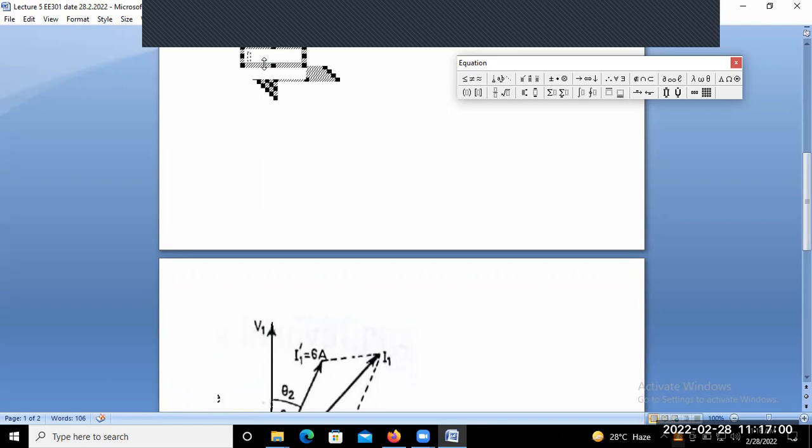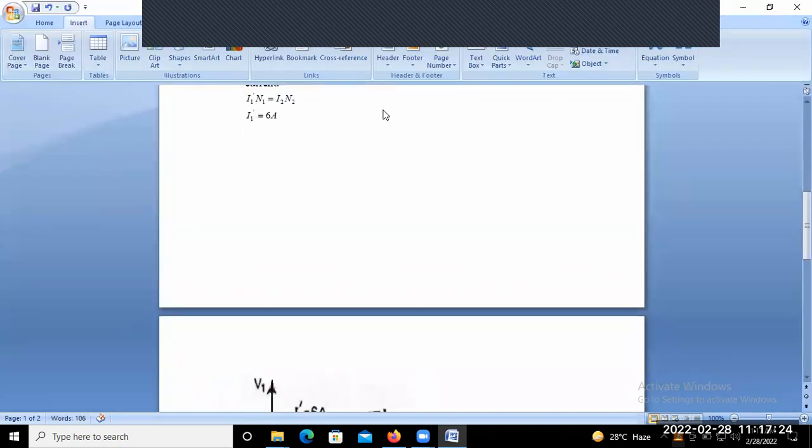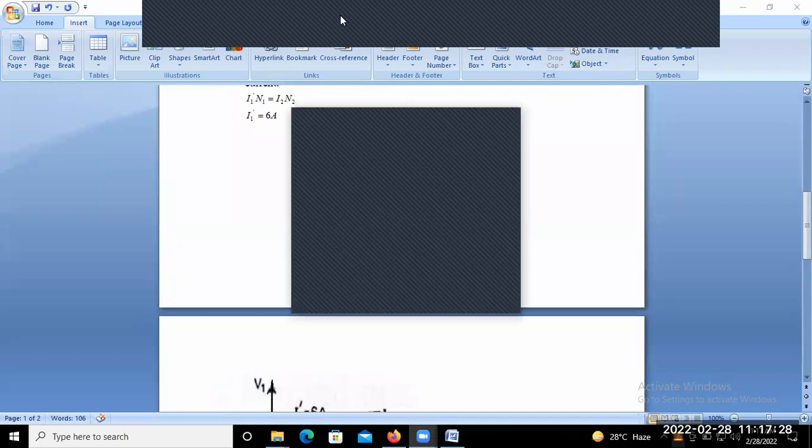I1 dash is equal to 6 ampere. Can anyone find the value?